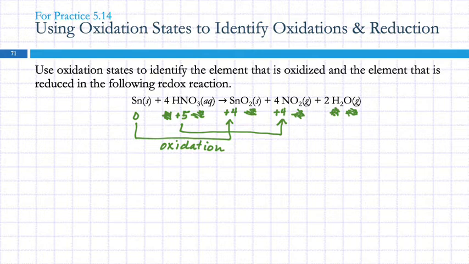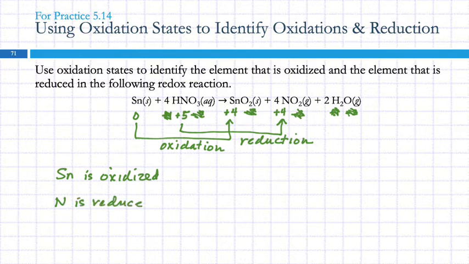The oxidation state is being reduced because nitrogen is being reduced. So tin is oxidized. Nitrogen is reduced. Any questions?